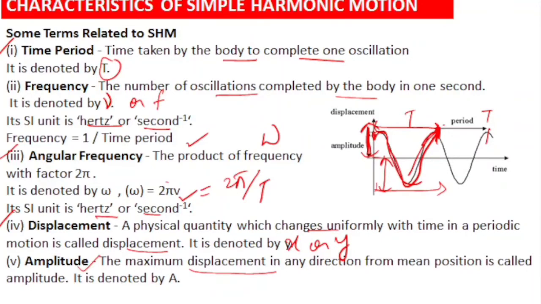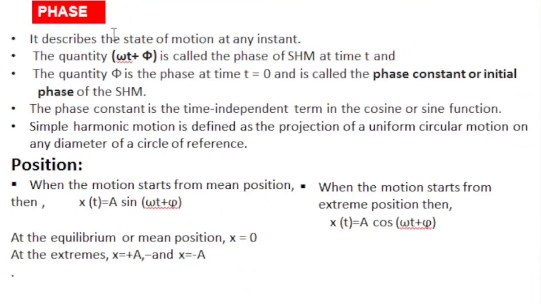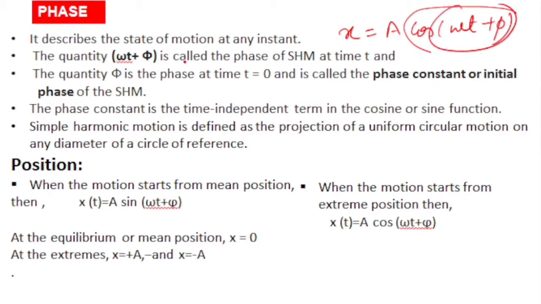After that, one more term is there, that is phase, and this is very, very important. What do you mean by phase? Simple harmonic motion is represented by x, the displacement at any time, equal to a cos omega t plus phi. This term, omega t plus phi, is called the phase of simple harmonic motion at any time, and it describes the state of motion at any instant.